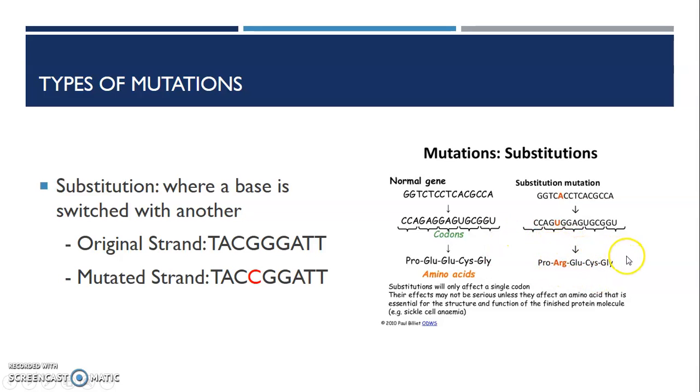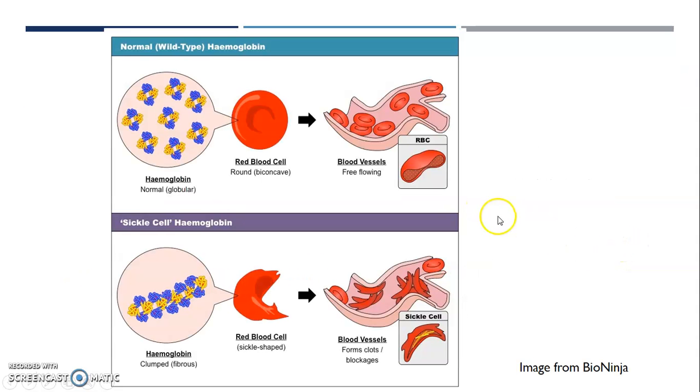An example of this in kind of a real life example is something called sickle cell anemia. Our red blood cells are normally this kind of round shape, and inside is the protein hemoglobin that has this kind of shape normally. These nice round red blood cells can fit through the blood vessels, and they can just flow freely.